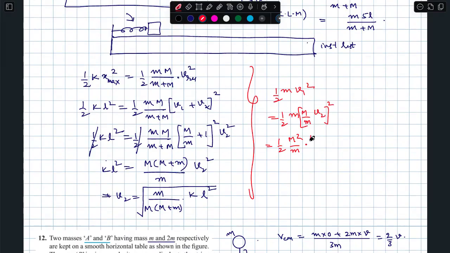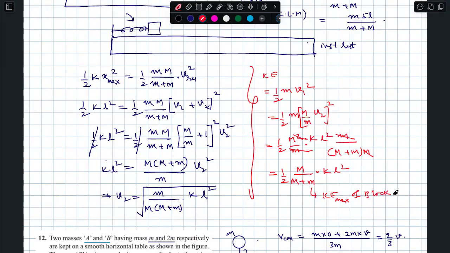V2 square is KL square times small m by capital M plus small m into capital M. So this is half capital M by capital M plus small m into KL square. That is the kinetic energy. So this is the KE max of the block during the motion.